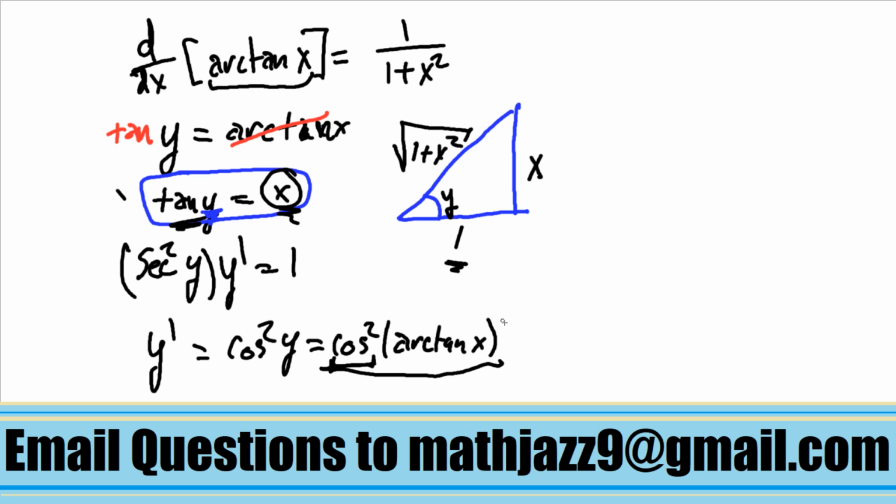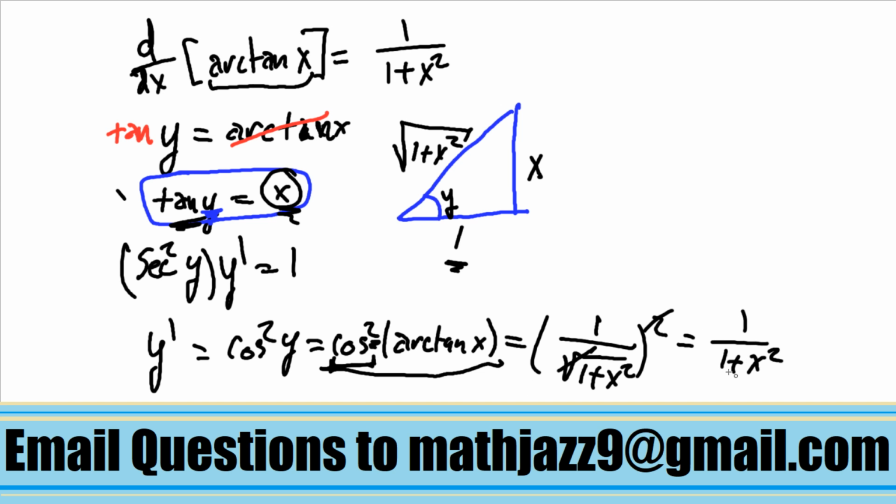And so now, when we simplify, we get the cosine is 1 over the square root of 1 plus x squared. But we want the square of the cosine. So we're going to square this. This square and that square root cancel. We got 1 over 1 plus x squared. That is the derivative.